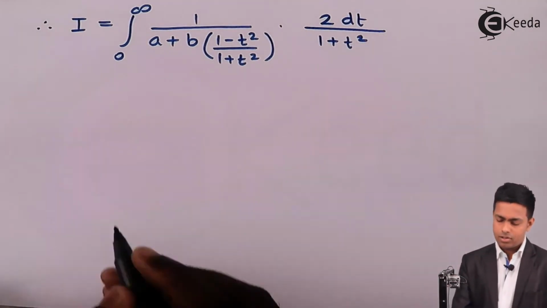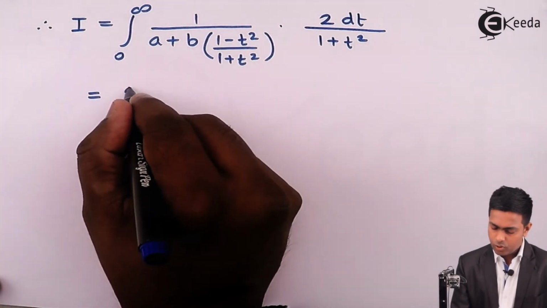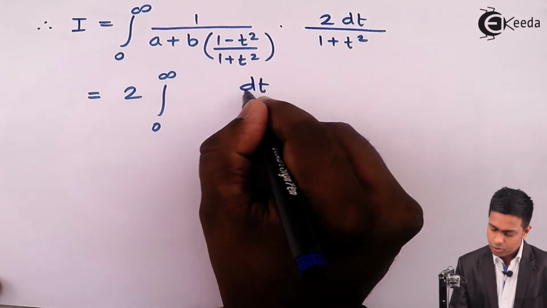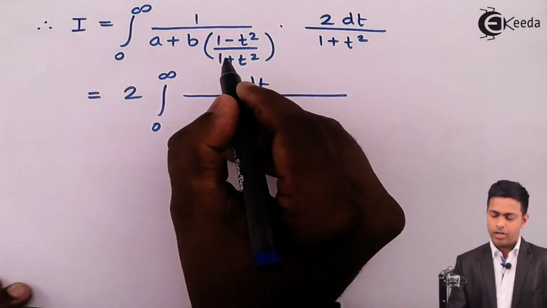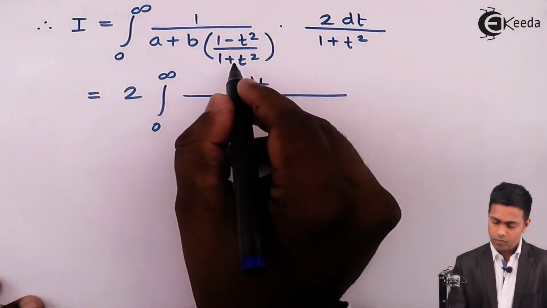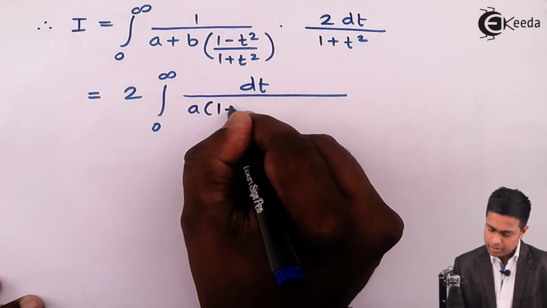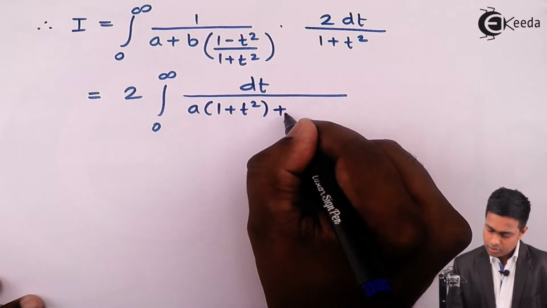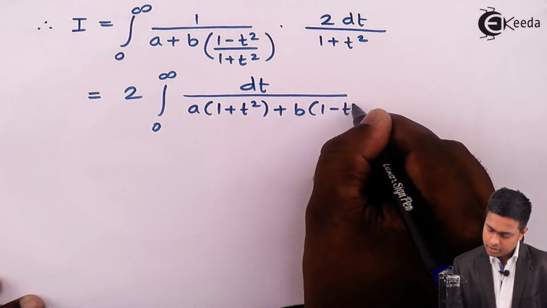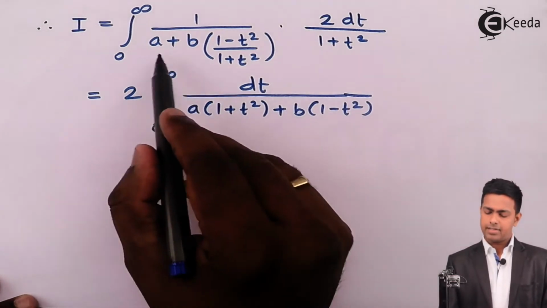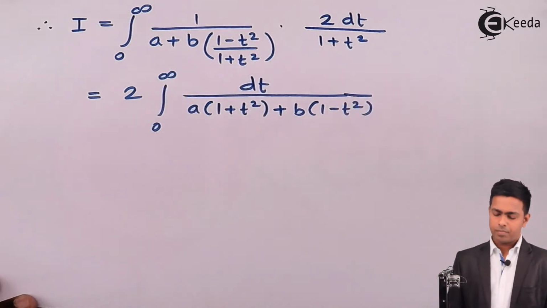Now let's solve this. So here I can take 2 outside, integration 0 to infinity, will get dt in the numerator. Here 1 plus t square will multiply with this a, will get a into 1 plus t square plus b into 1 minus t square upon 1 plus t square, and that will be cancelled with this 1 plus t square.